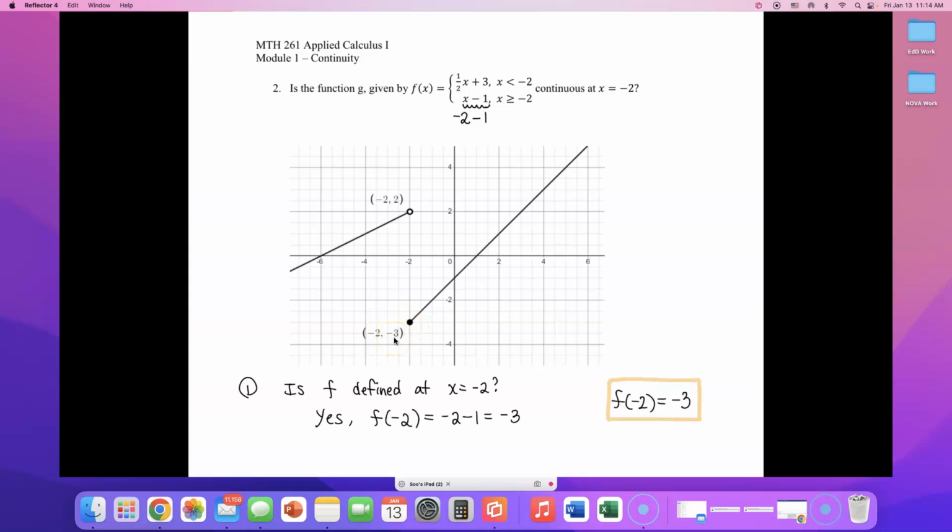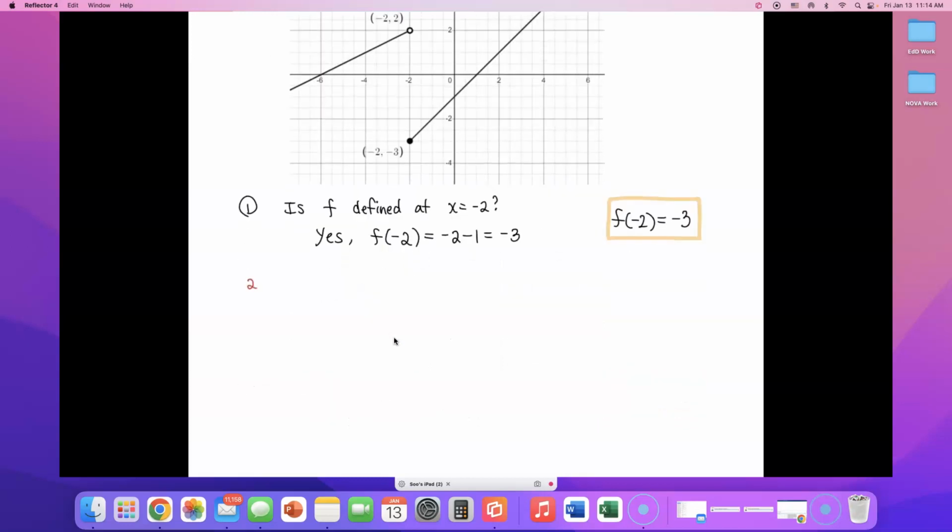Now, the second thing that you're going to have to find is the limit. And that's going to be 2 parts on its own. Does the limit as x approaches -2 of f of x exist? If it exists, what is it?